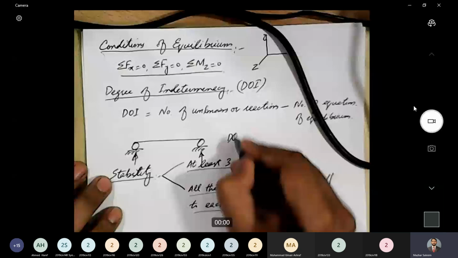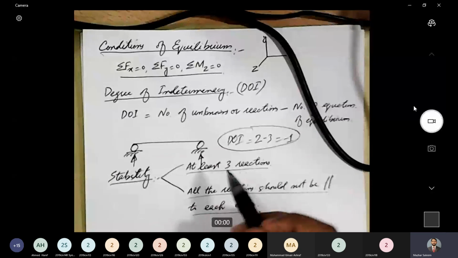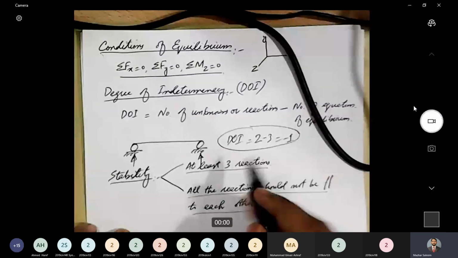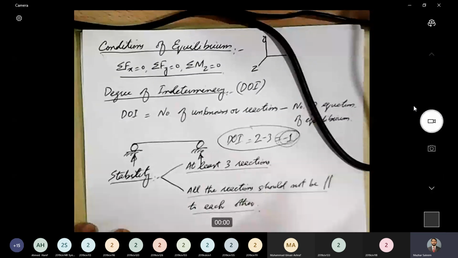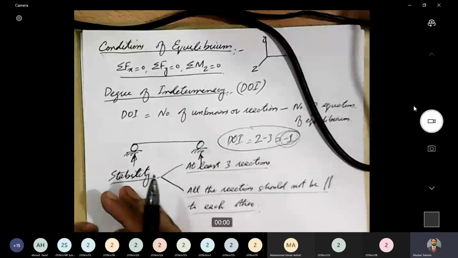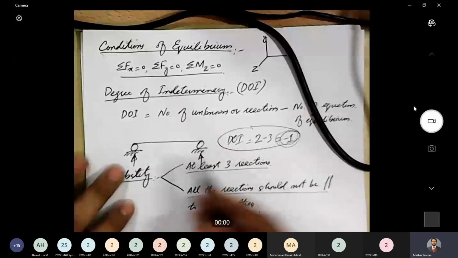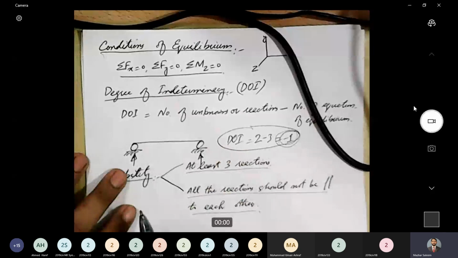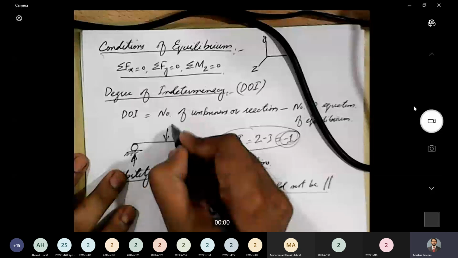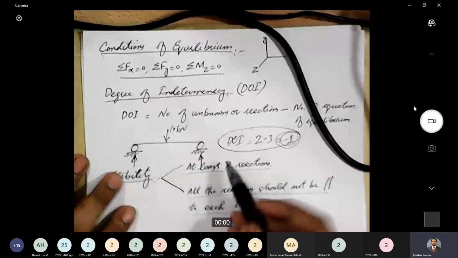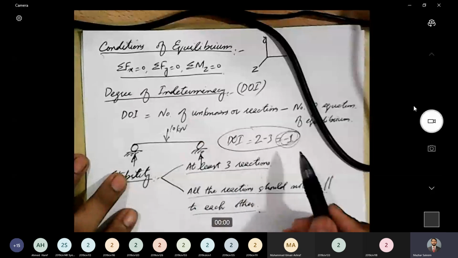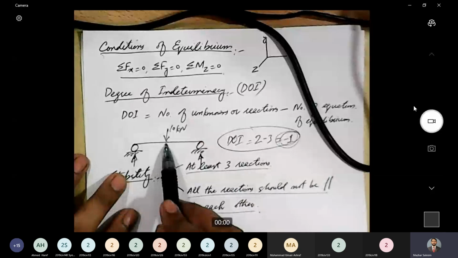And let's say, for the sake of argument, even if we just forget about stability, negative degree of indeterminacy is not a problem. If degree of indeterminacy is 0 or less than 0, that means the structure can be analyzed. It's still okay. So if I apply a load here, let's say 10 kilonewton, just by applying sigma Fy equal to 0, I can give you that this load is acting at the center.